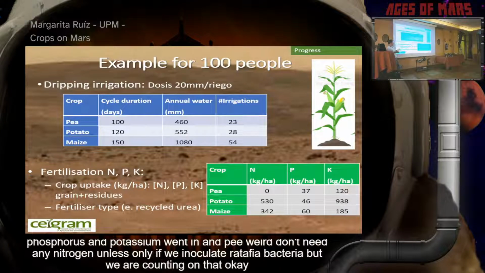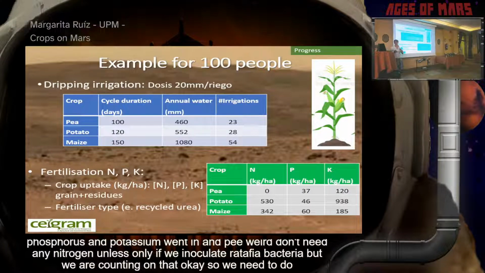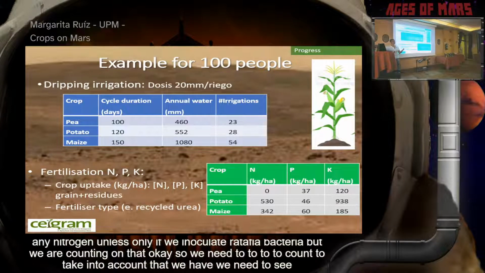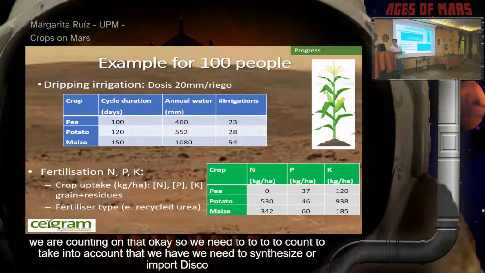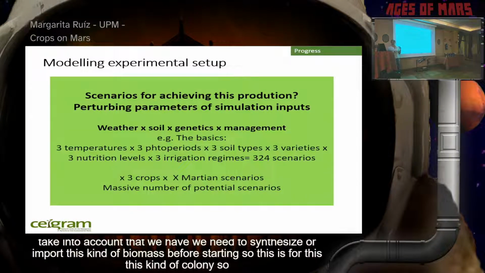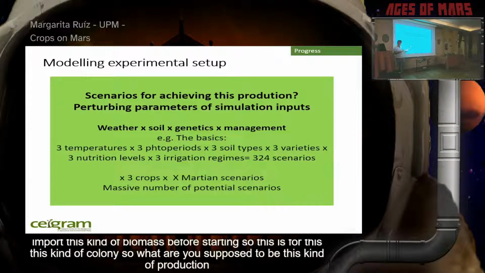So we need to take into account that we need to synthesize or import this kind of biomass before starting. So this is just an example for this kind of colony. So what scenarios are possible for achieving this kind of production and this kind of setup?